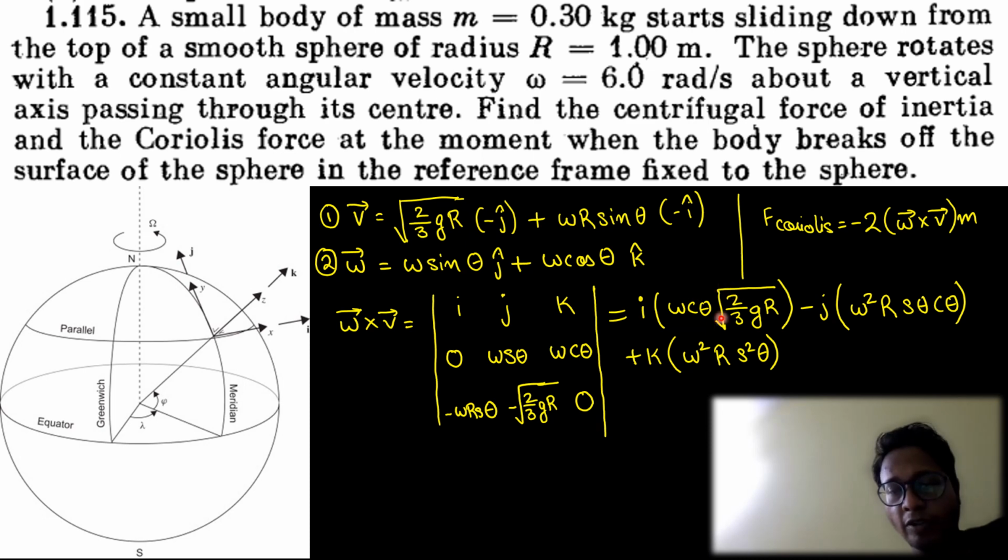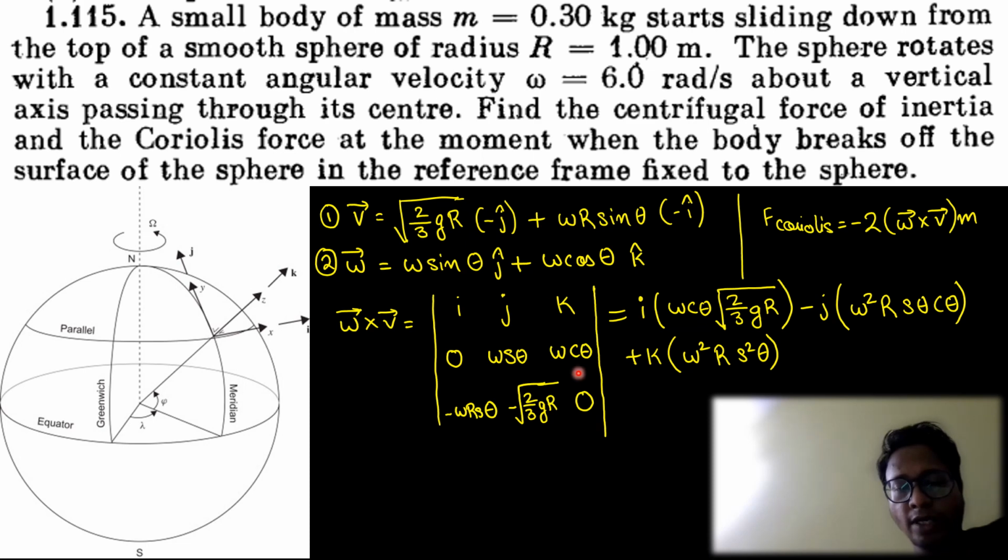So omega cos theta into 2 by 3 g r. Then minus j. Then you have to cover this column, cross multiply the remaining ones. So 0 into 0 is 0, minus and this minus gets converted to plus, and omega r sine theta into omega cos theta becomes omega square r sine theta cos theta.